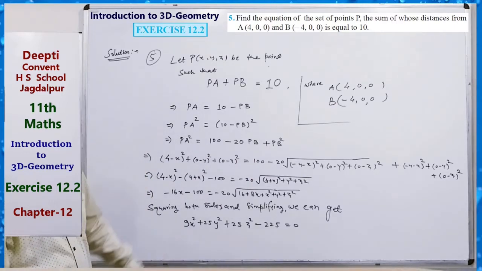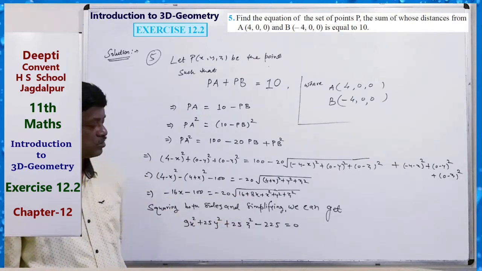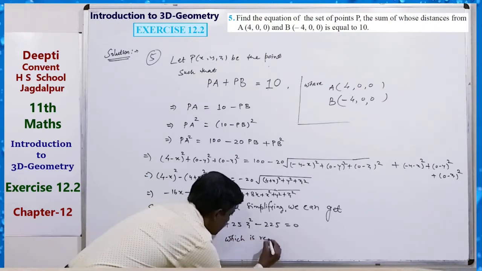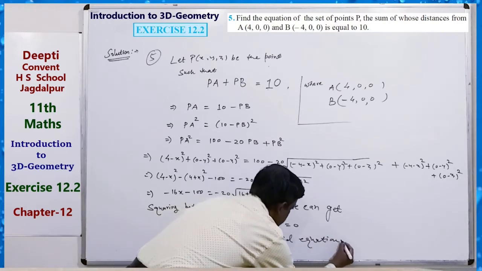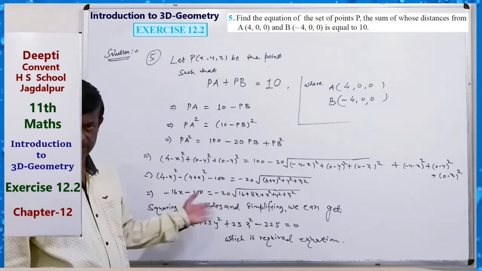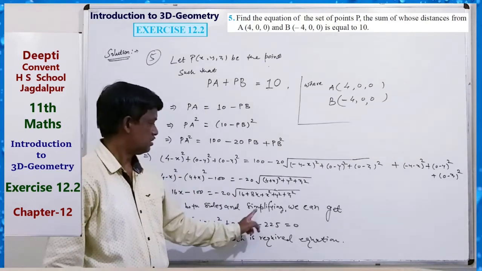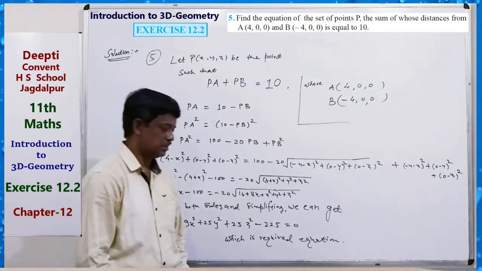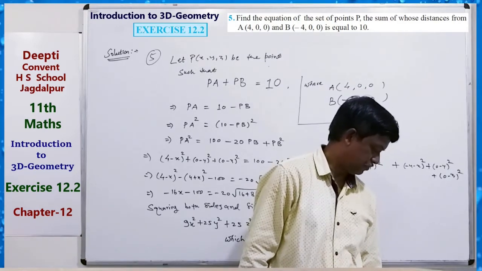Clear? 9x square plus 25y square plus 25z square minus 225 equals 0, which is the required equation. Just simplify: divide by minus 4 first and then square both sides and simplify, and we can get this as a result. Okay, so this is the complete exercise 12.2.